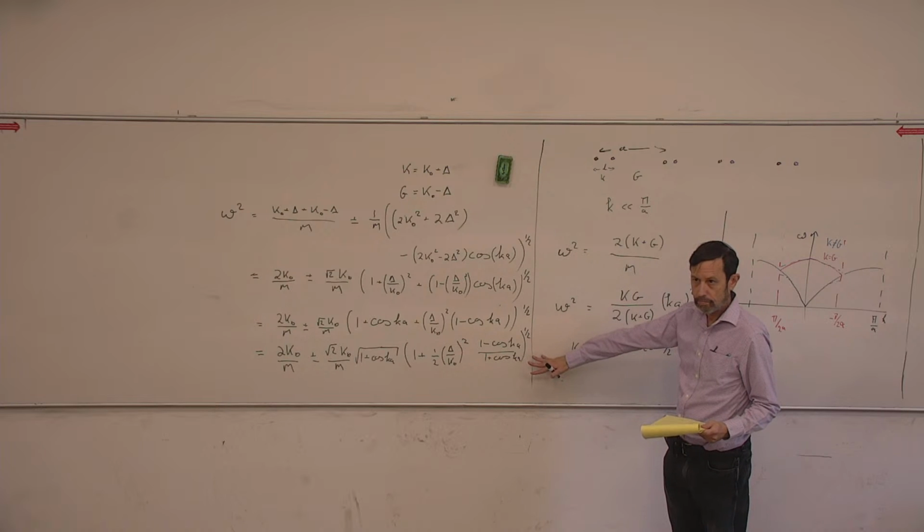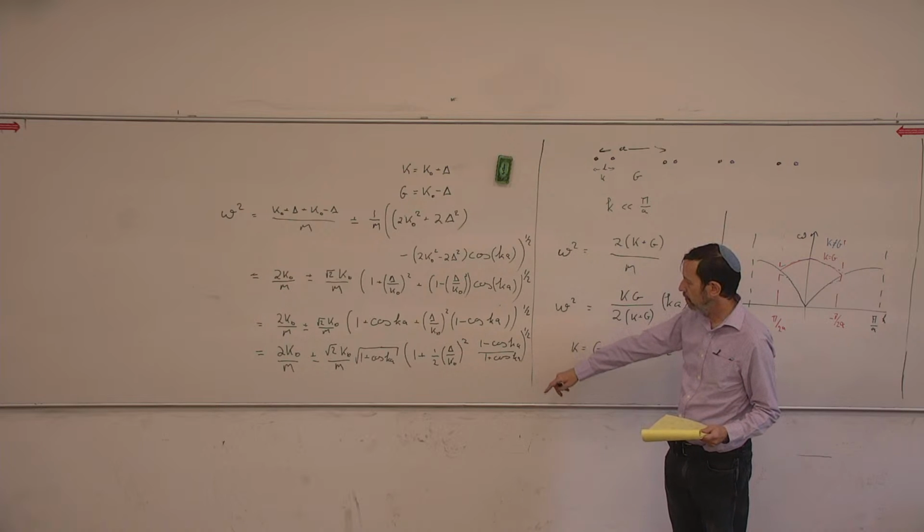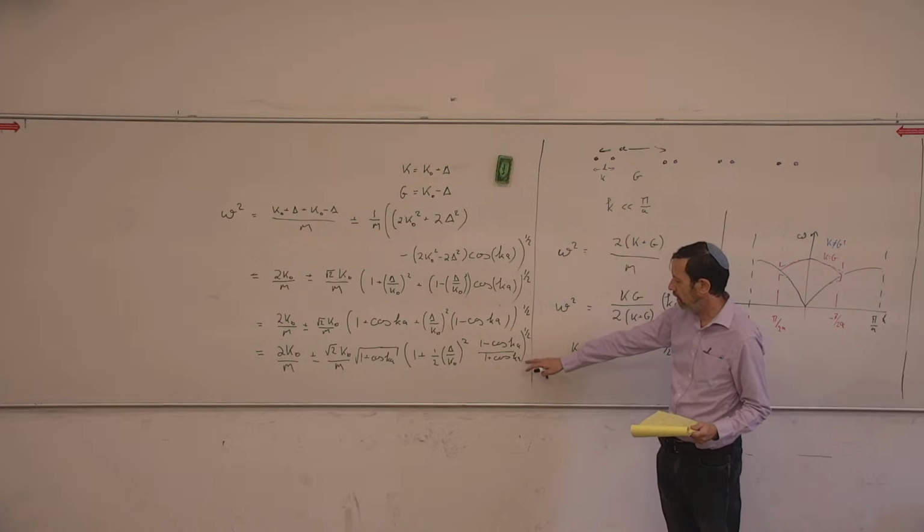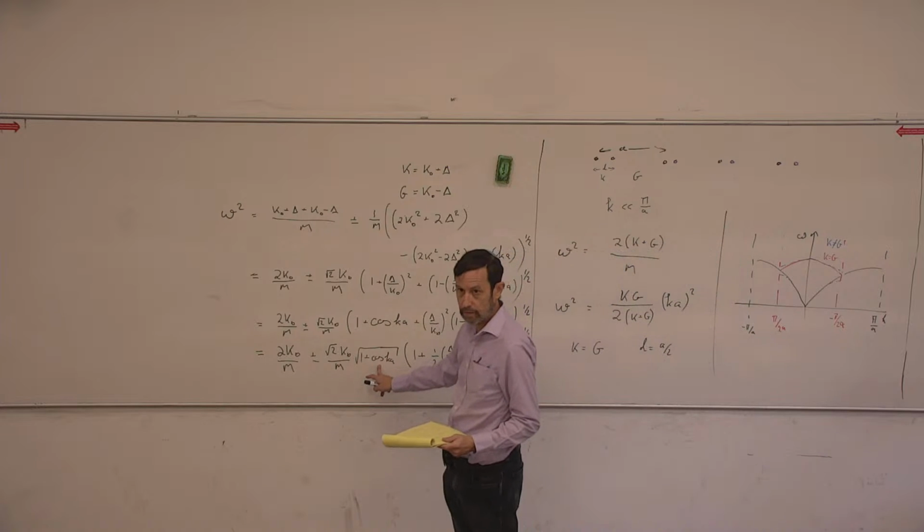Again, just pulling out 1 plus cosine k a outside.